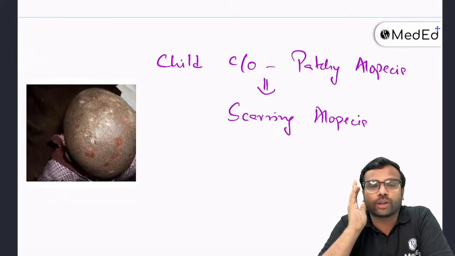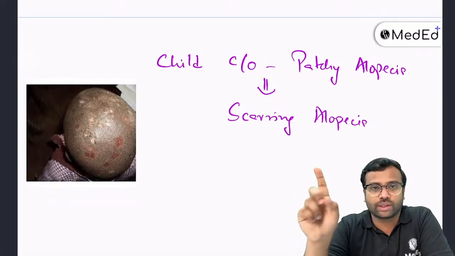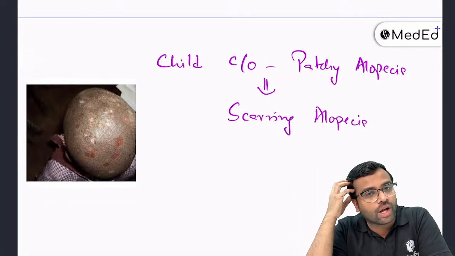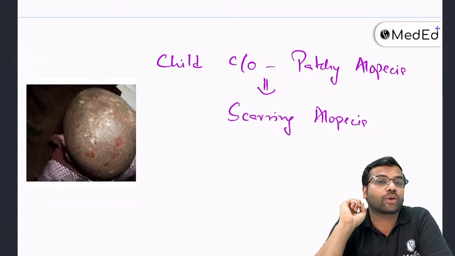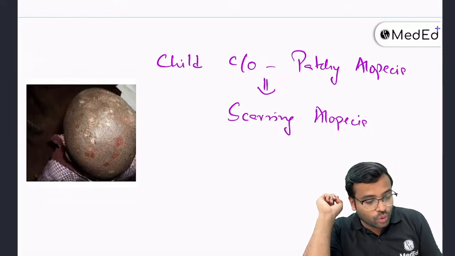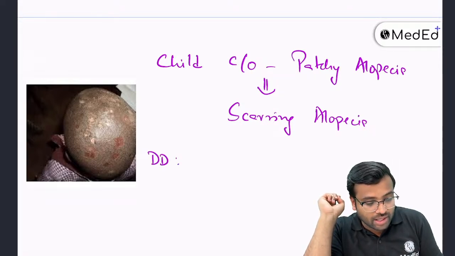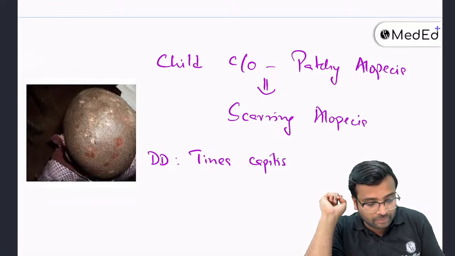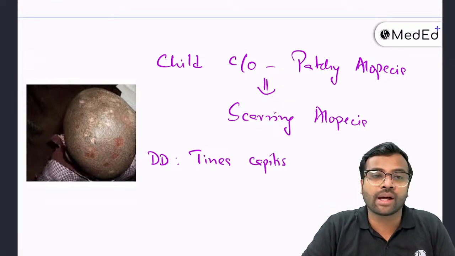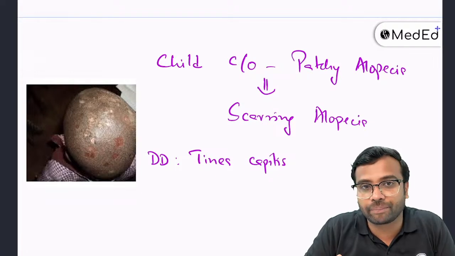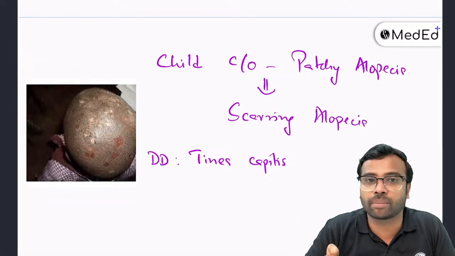Earlier when I told you that there is a child who comes to you with complaints of patchy hair loss, what was the first differential diagnosis that came to your mind? Your differential diagnosis here was Tinea Capitis, correct? In this Tinea Capitis, what is the investigation that you have done? You have done a potassium hydroxide mount.